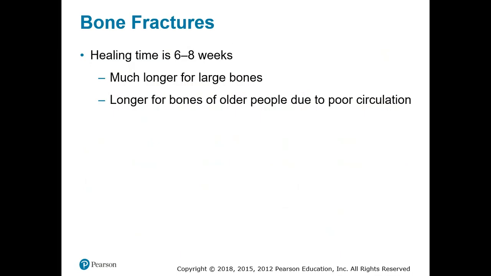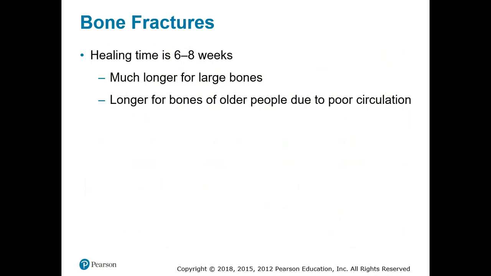Now, once you get your bone realigned and immobilized, they're going to make you keep your cast on for several weeks. And the reason for this is because bone healing time when you have a fracture takes about 6 to 8 weeks. This is going to be a lot longer for larger bones, and this time frame can also be longer for those who are older because, again, their bones require more attention.